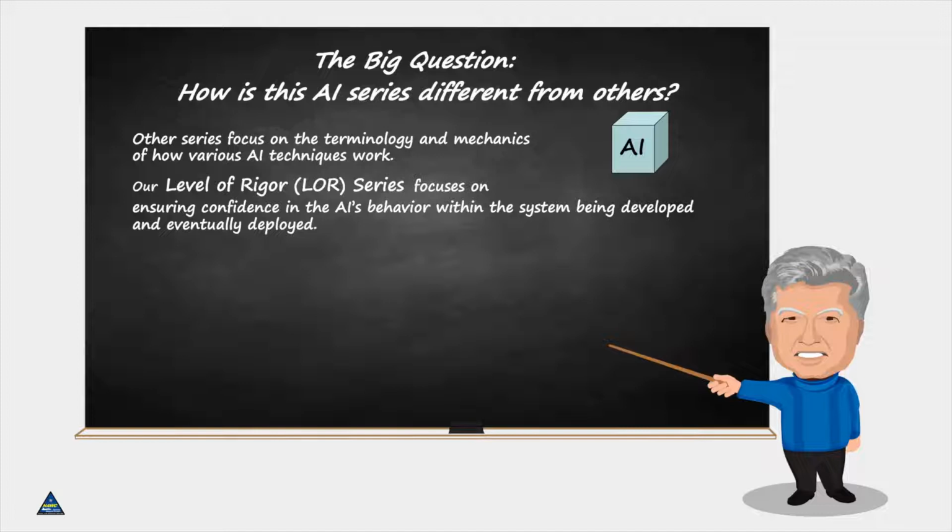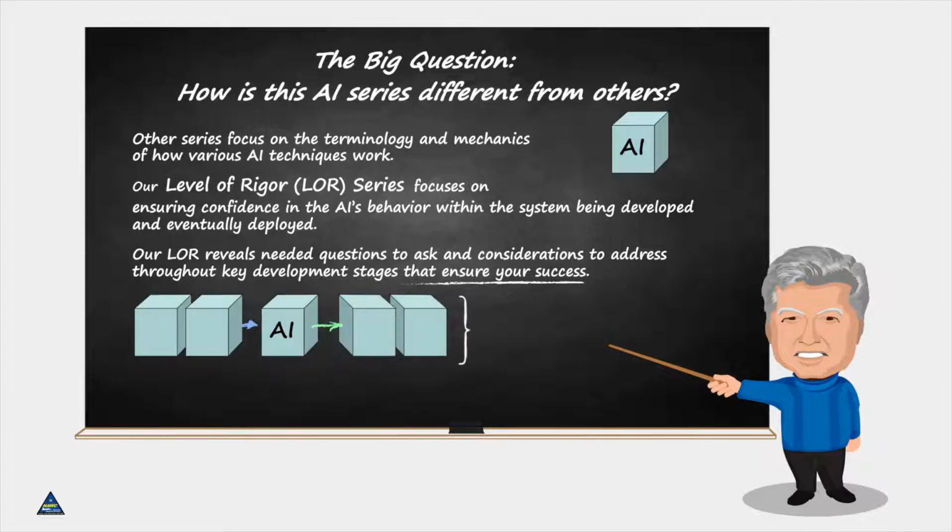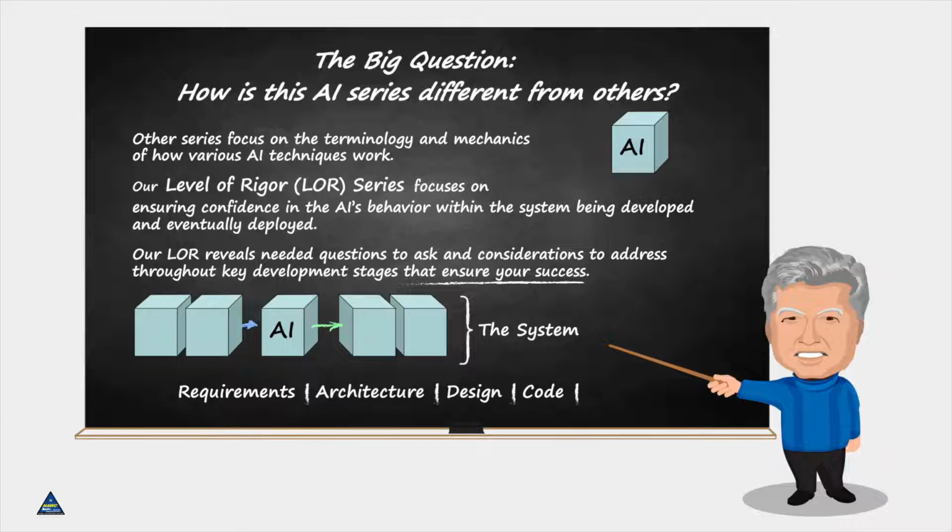So we're going to discuss questions and considerations that will give you the power and confidence to ensure your success. And those questions and considerations will be discussed in detail in the form of what a system looks like. We're going to talk about a system in terms of requirements, architecture, design, code, test, and evaluation.